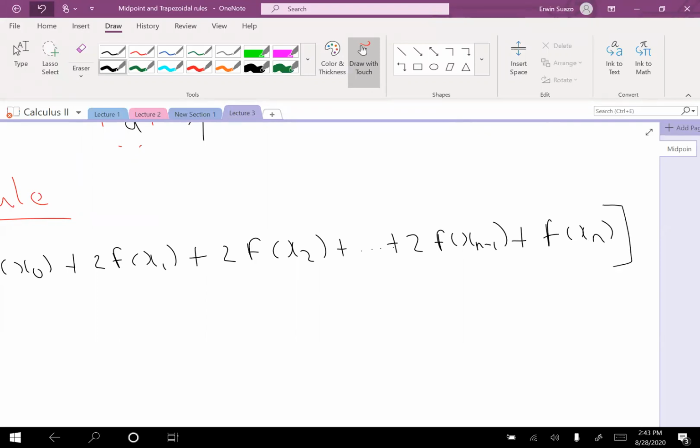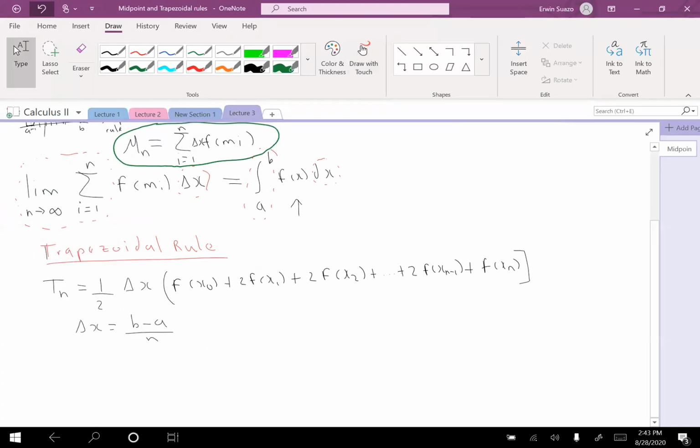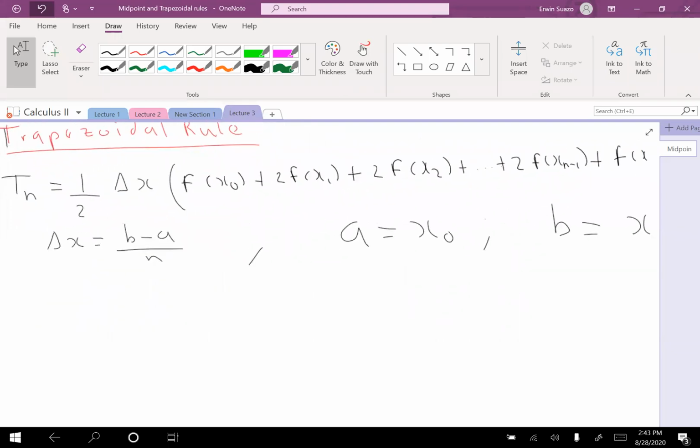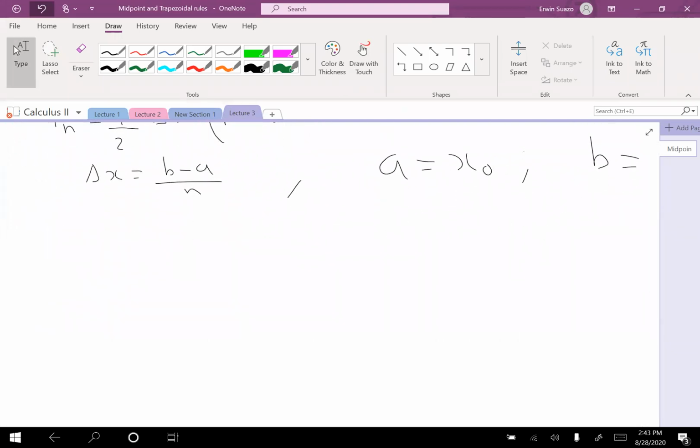Okay, so let's talk about this. This is the trapezoidal rule, and a is x0, and b is xn. Basically you divide your interval. So let me draw the function.